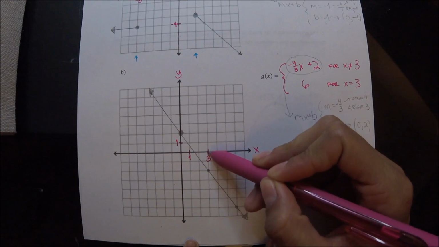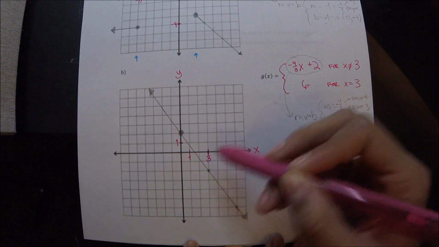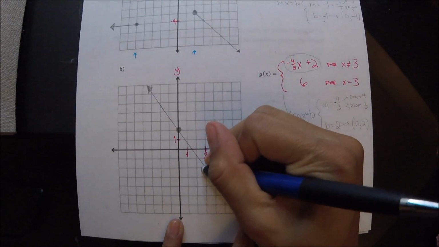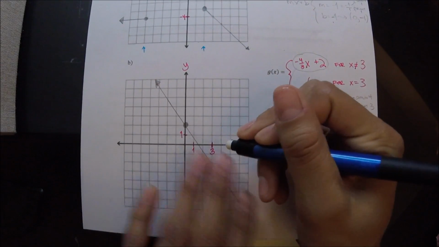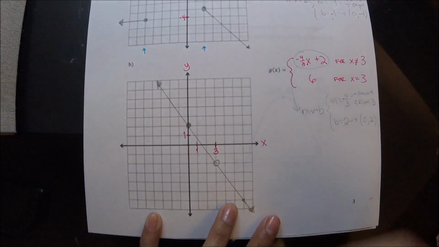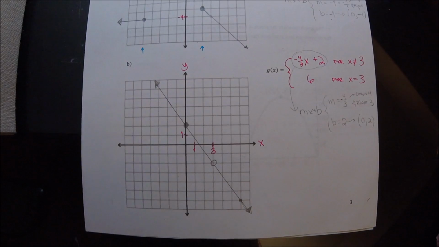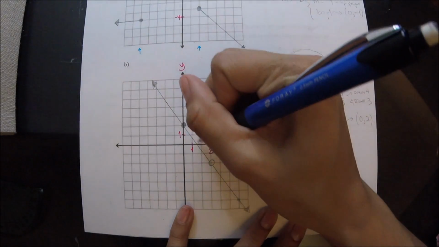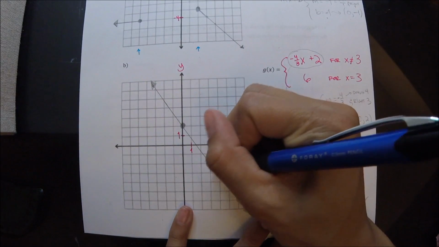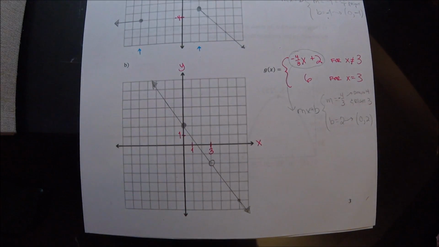So for this value of 3, we need to erase the line. So I'm just going to erase this one point when x is 3 and draw an open circle. So the open circle means that the line's not there. The line's here, and it's also down here, but not at that value, not when x is 3.